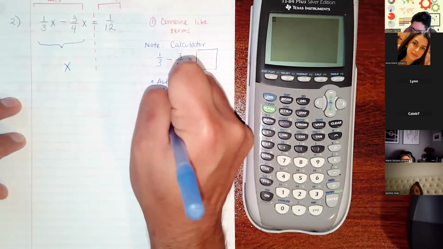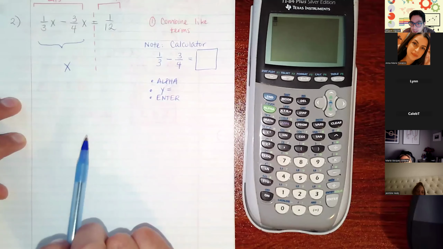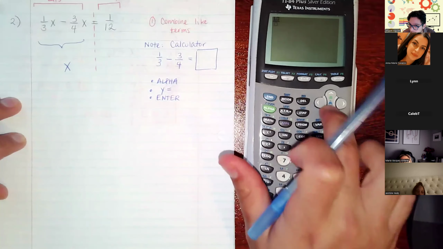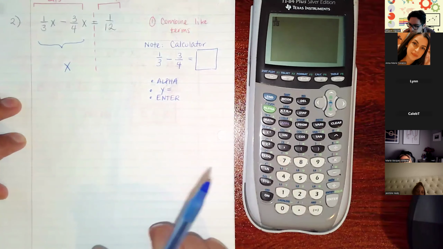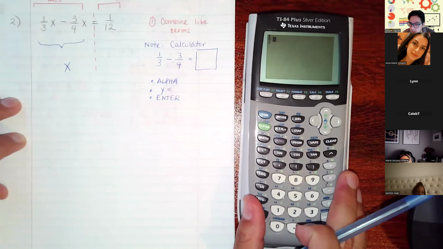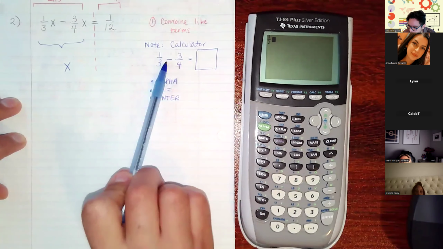Second quit. Alpha y equals enter. And now I have something that looks like a fraction that I can type in, right? So now I'm just going to type in 1, use the arrow pad to go down, and put 3 in my denominator. And I have 1/3, right? And I just need to do 1/3 minus 3/4.